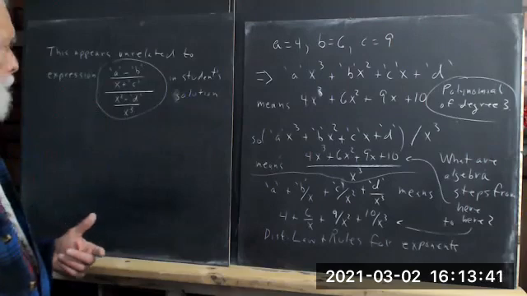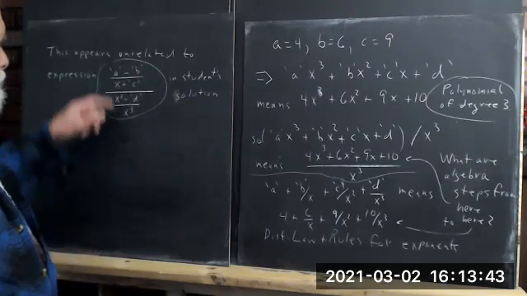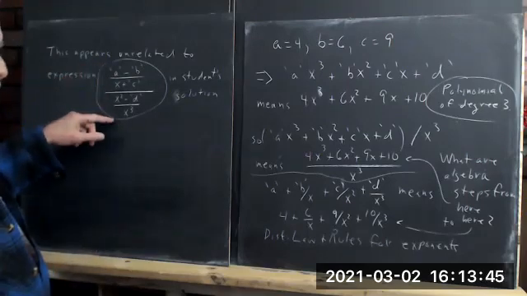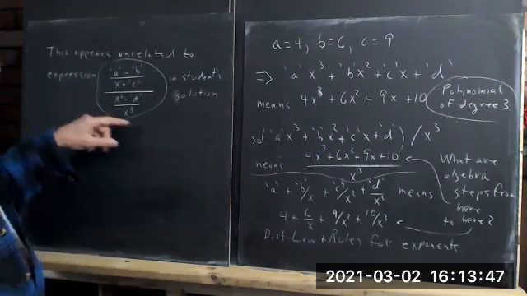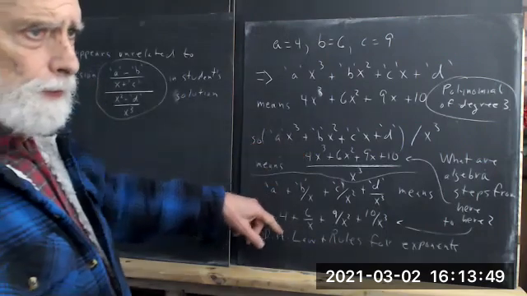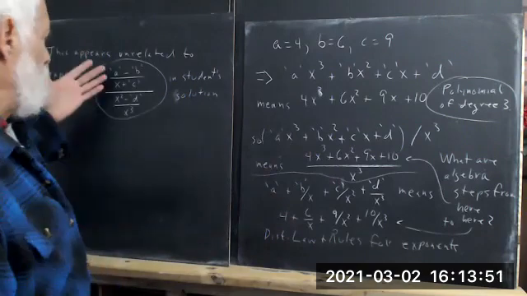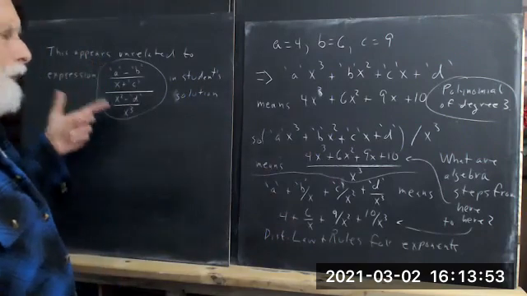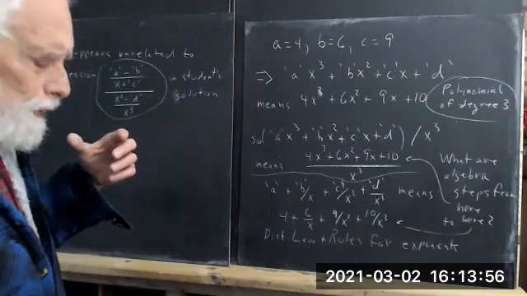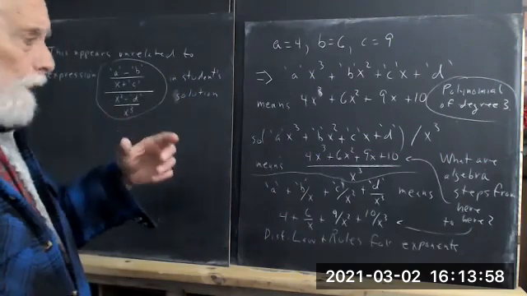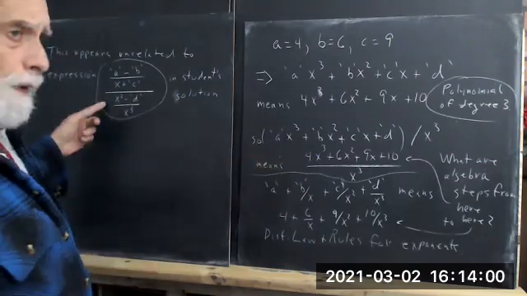In the work, I got an expression like this that was to be somehow related to this. And my question was, what was your line of thinking that got you from here to here?